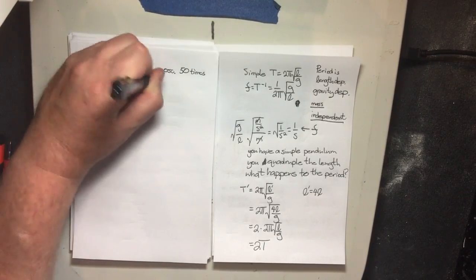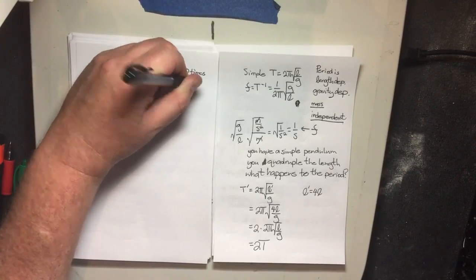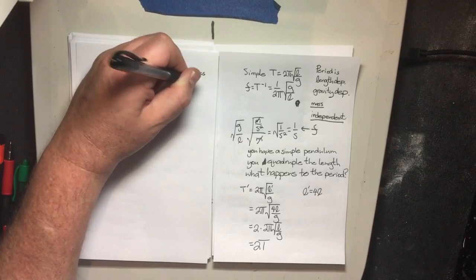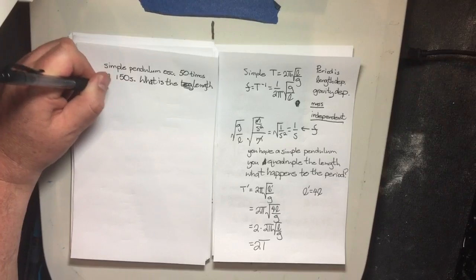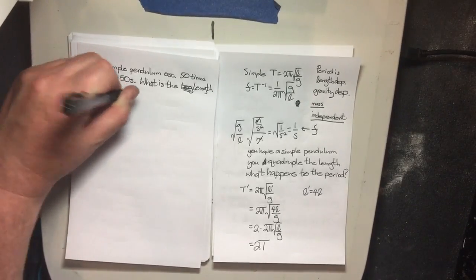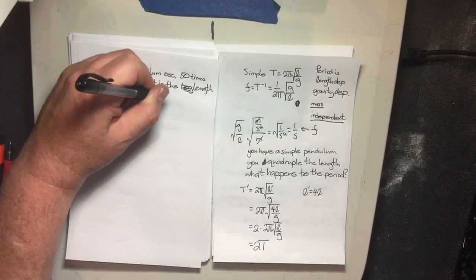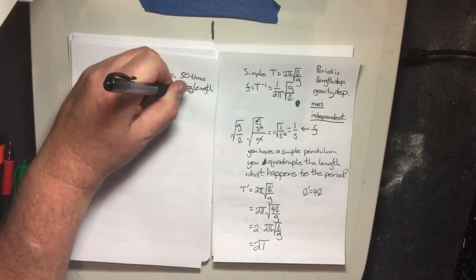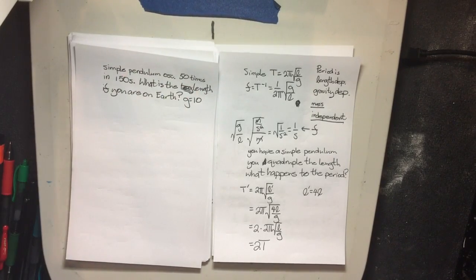What is the length if you are on Earth? So on Earth, g is equal to 10. So the simple pendulum oscillates 50 times in 150 seconds.